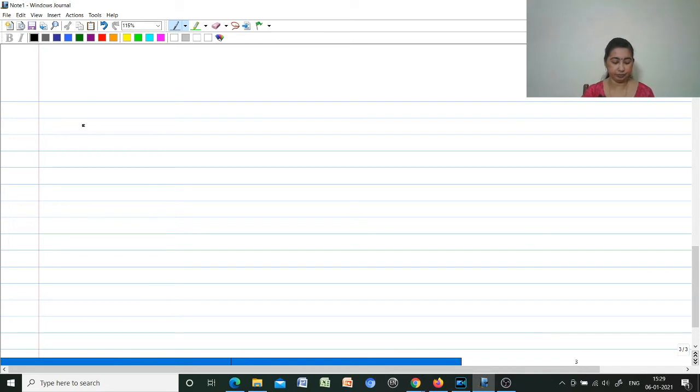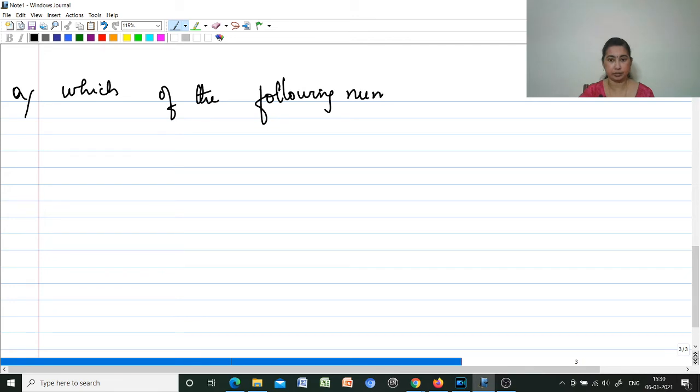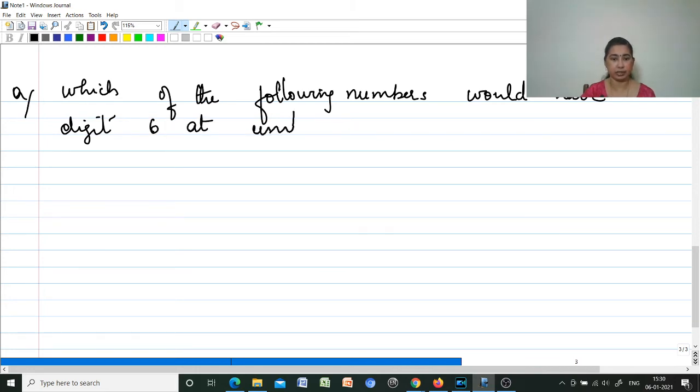Now, next question. Which of the following numbers would have digit 6 at the unit place?